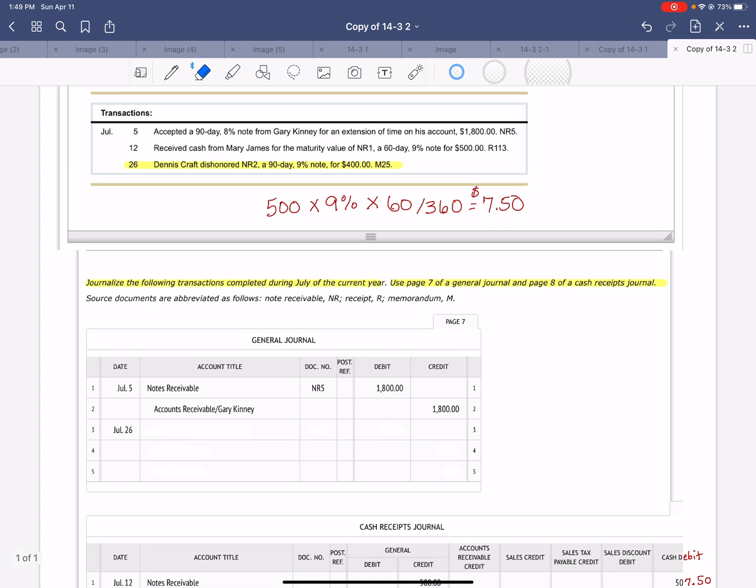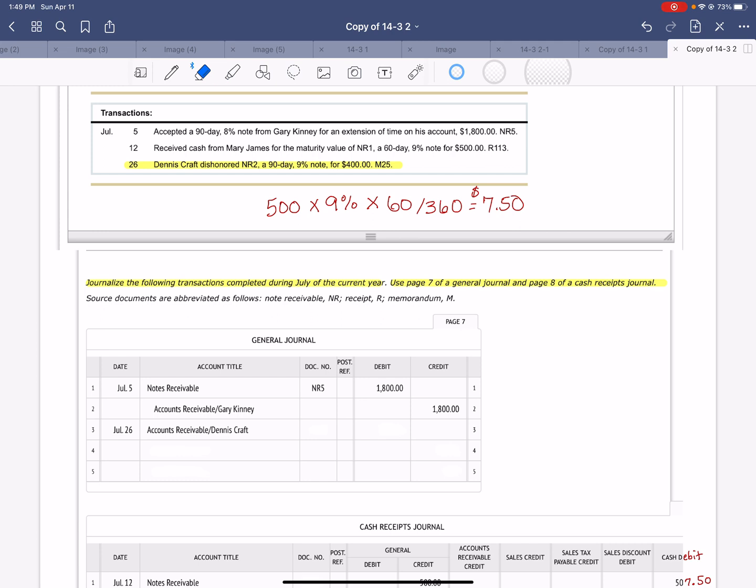Dennis Kraft is now going to owe us some money. Okay, so we have to put it back. We're going to receive it, so we have to have accounts receivable, Dennis Kraft. And we'll come back with the amount in just a second here. But the total amount for the note and the interest, our maturity value, has to go into his account because he took out the note. He still has to pay the interest.